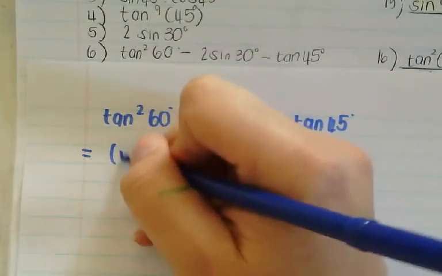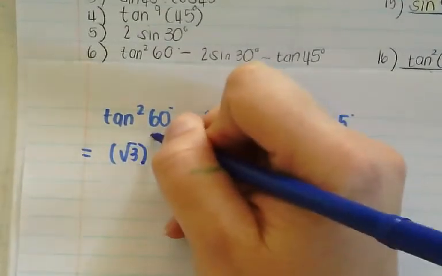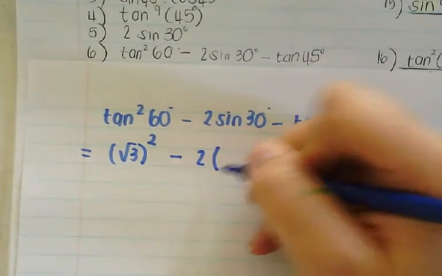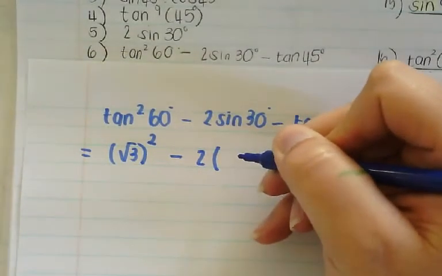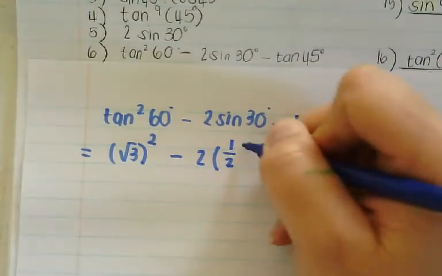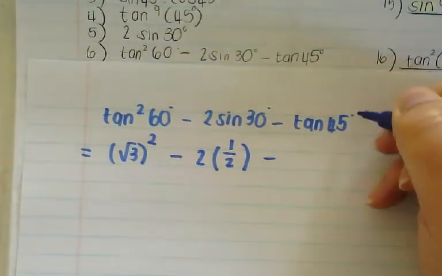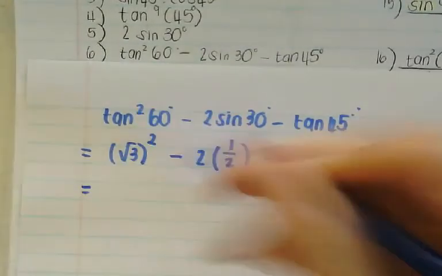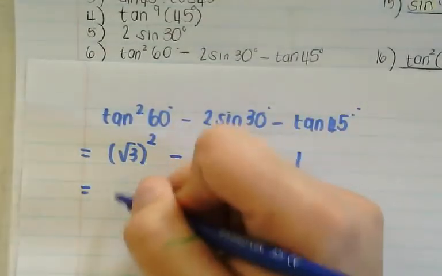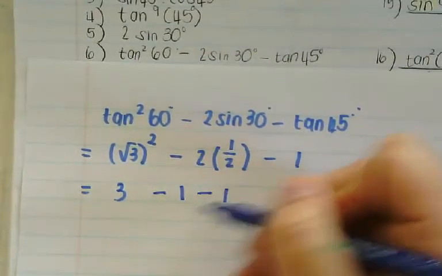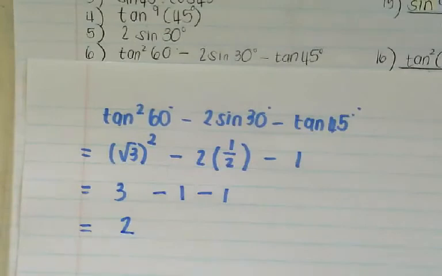Square root 3, and it is squared. 2 sine 30. Sine 30 is, I think, a half. I've even forgotten my ratios, a half. And tan 45 is just 1. Square root 3 squared is 3. 2 times a half is 1. Minus 1, my answer is 2.